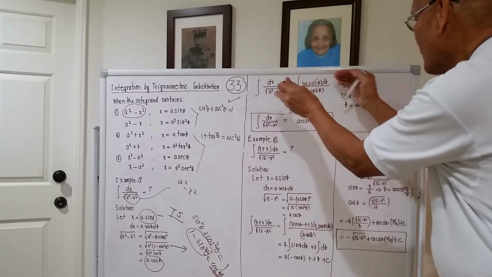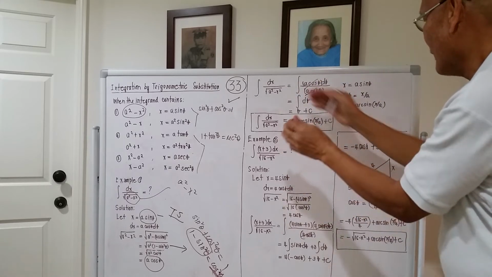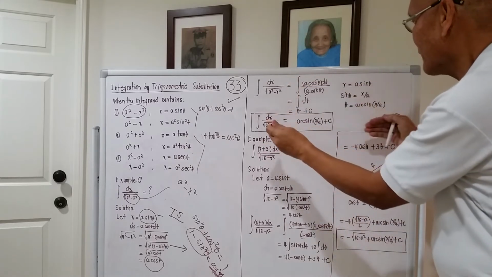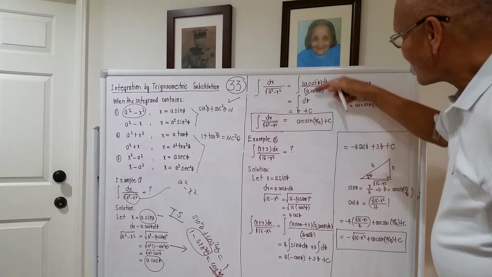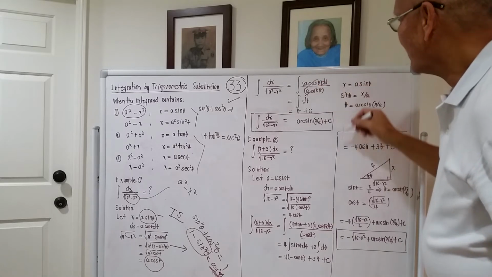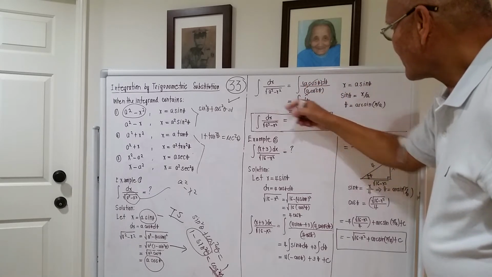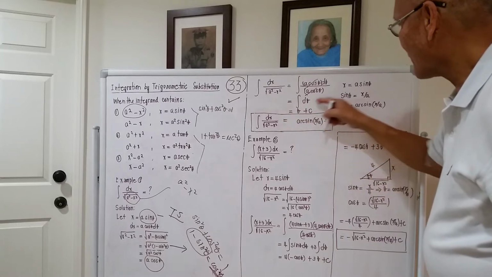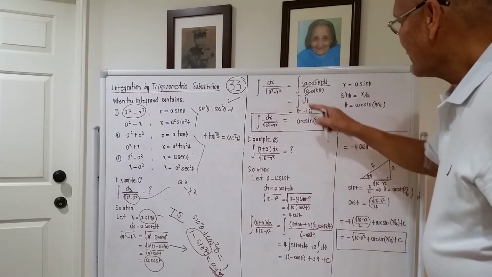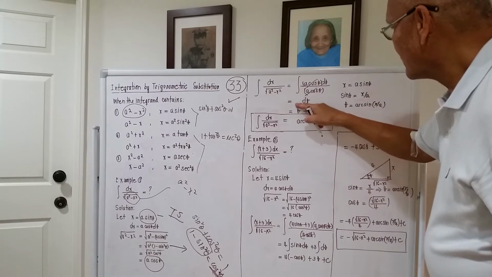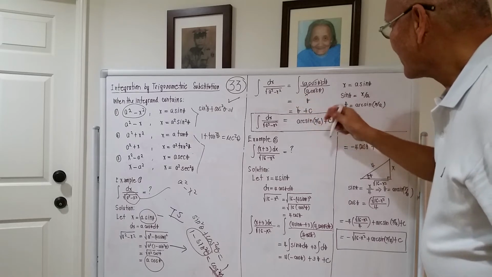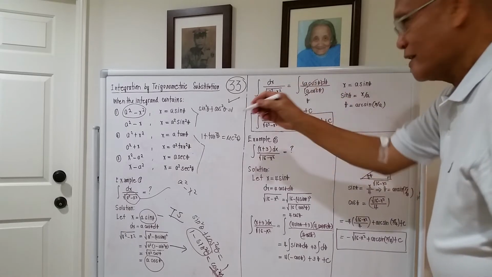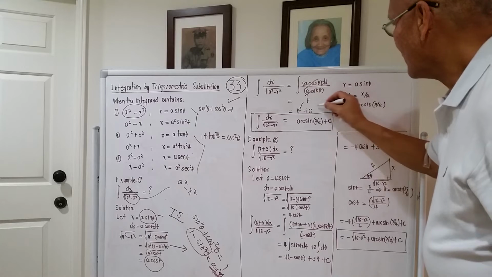The operation of the numerator is multiplication all over one common denominator, and this one here is the same as this, so it cancels out. What will remain on the right hand side is simply the integral of d theta, which is theta plus c.